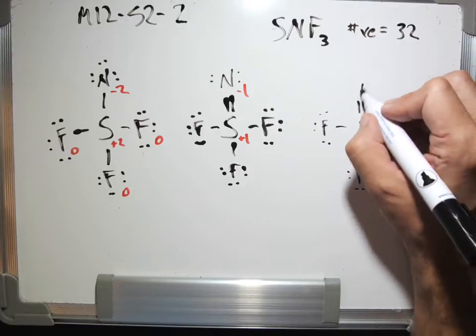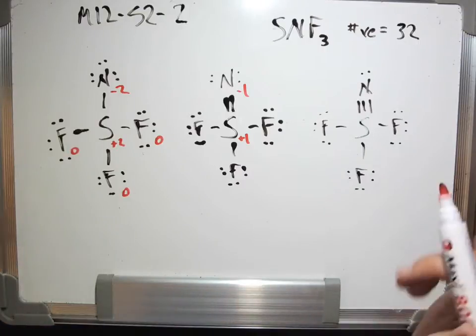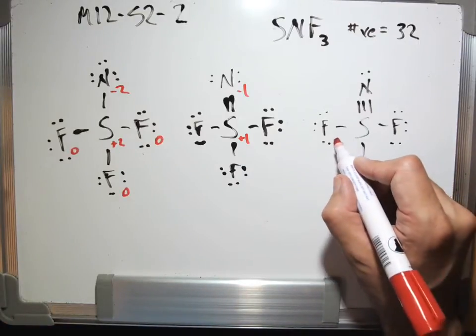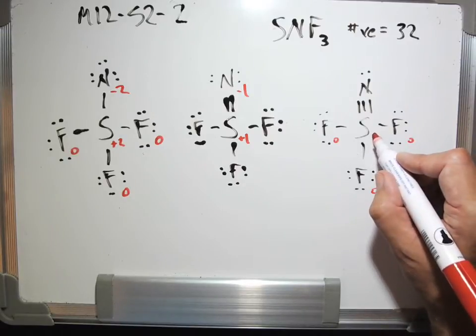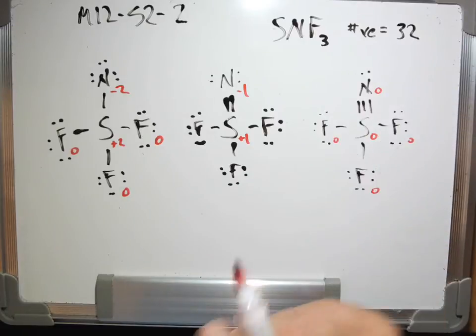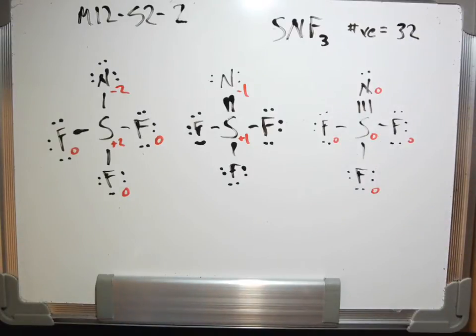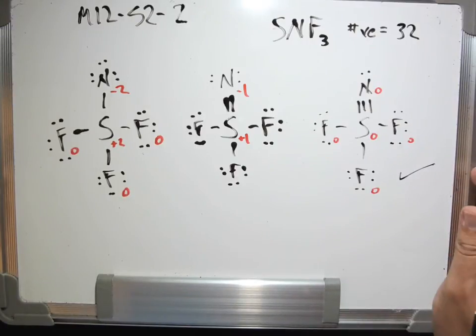I made a triple bond to that nitrogen. Notice I now have formal charges 0, 0, 0. This is now 0, as is this. So I have reduced the formal charges. I would expect certainly the greatest contributor to the resonance hybrid to be this configuration.